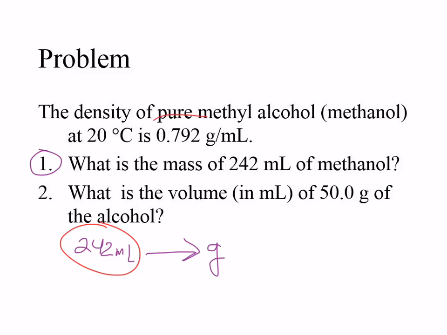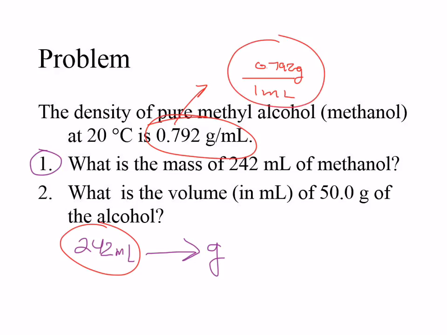And then I'm going to use density. Now the next slide kind of unpacks density, the 0.792 g/mL. What that really means is 0.792 grams in 1 milliliter. That's the physical property I was talking about to use as a conversion factor. That's the unpacking that I'm talking about.